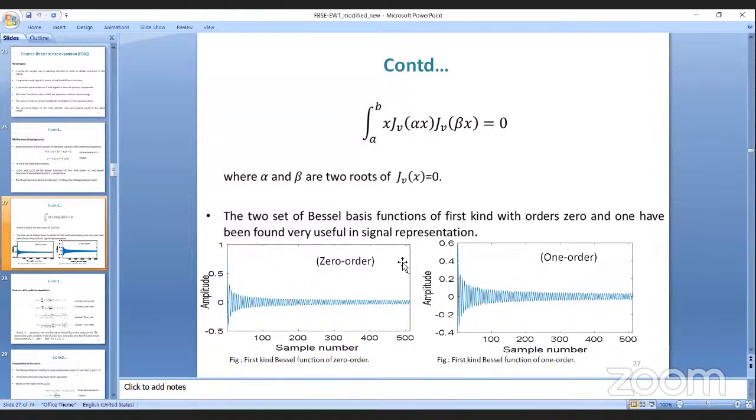And these two kinds of Bessel functions, order 1 and order 0, have been studied for various applications in signal analysis and classification. And based on this, we have proposed a new technique for signal analysis that we will see.